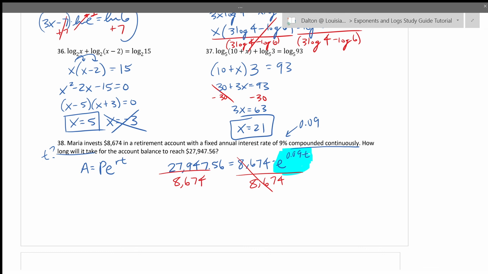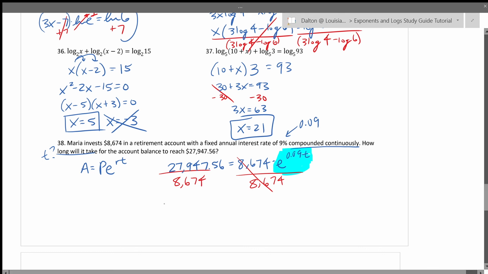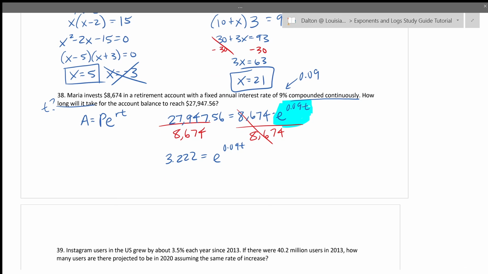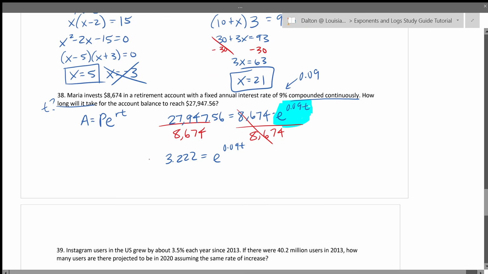So then I end up with 3.222 is equal to e to the 0.09t power. And again, to get that exponent down, I need to take the log or the natural log of both sides. Since I'm using e, I recommend taking the natural log of both sides, because then that exponent value will drop down in front of the natural log.